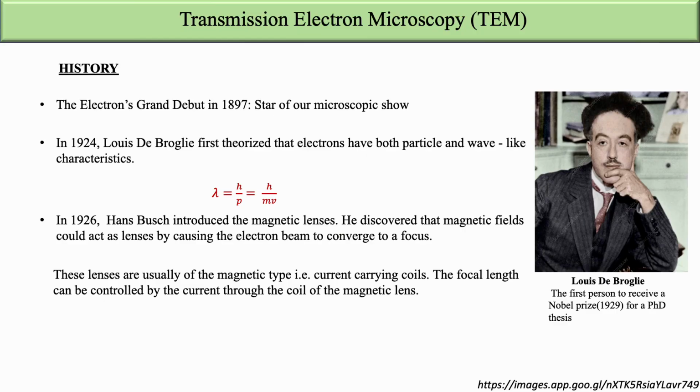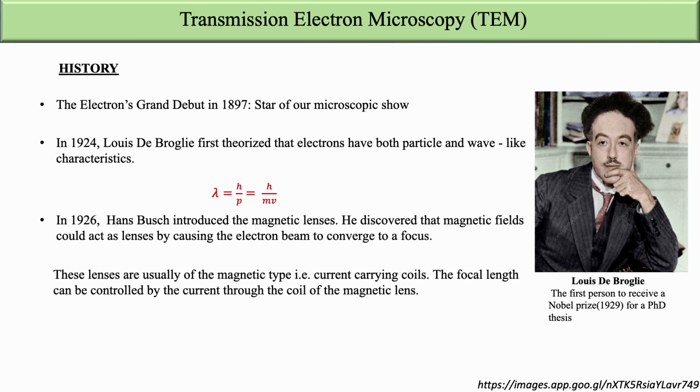So let's discuss the history involved with electron microscopy first. With J.J. Thomson's electron discovery, the stage was set for future developments in electron-based technologies. Then in 1924, with de Broglie's wave-particle duality theory, scientists were able to understand and harness the behavior of electrons: that a particle like an electron, along with associated momentum, also has a wavelength associated with it, and that too a very short wavelength.